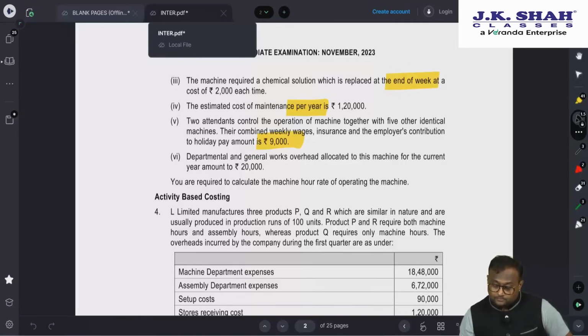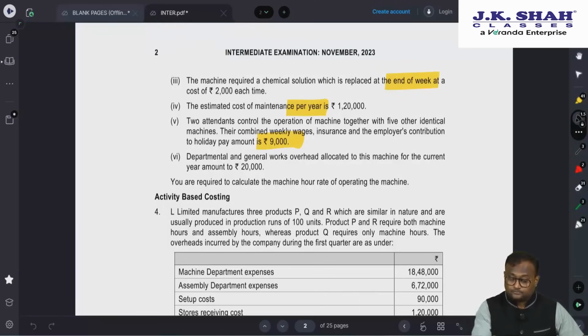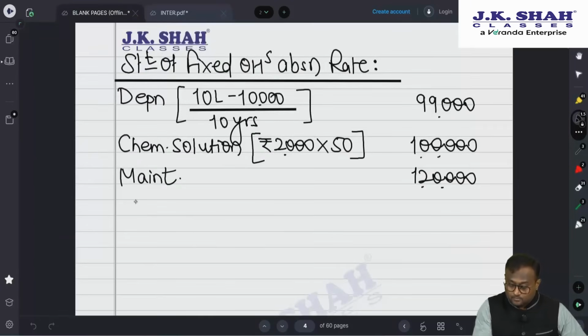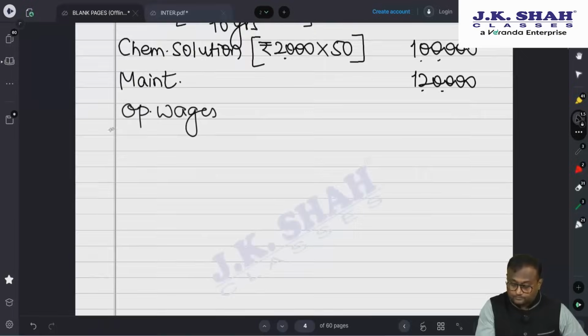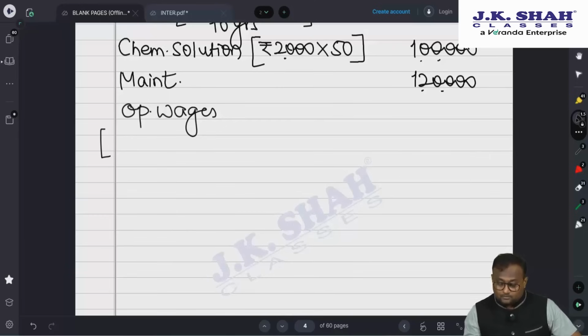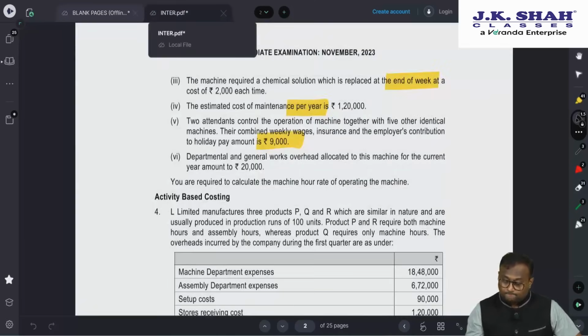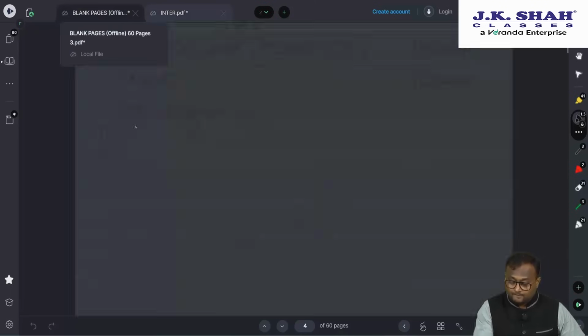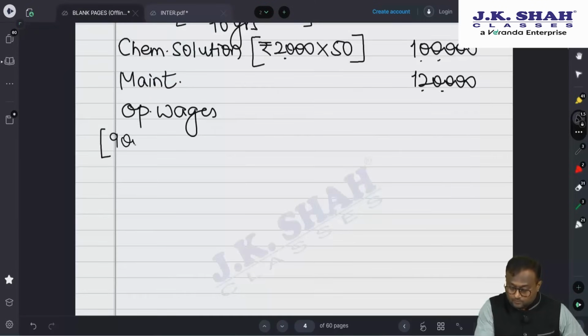Operator's attendant. Weekly wages are 9,000 into 50 weeks.